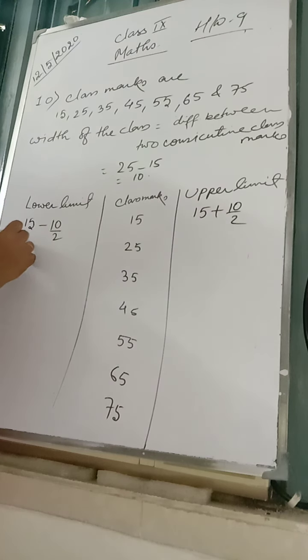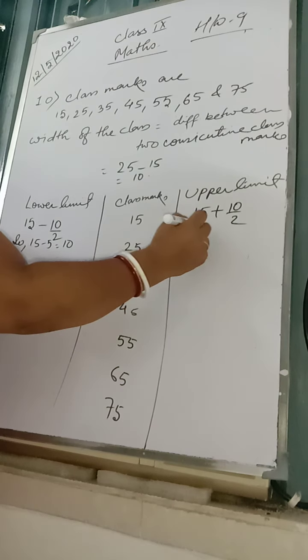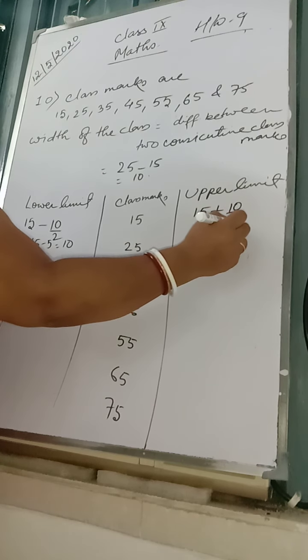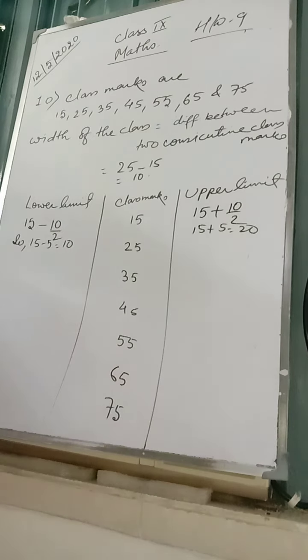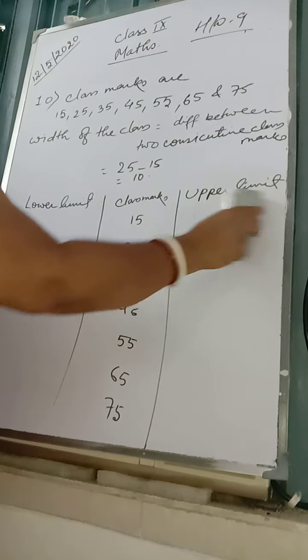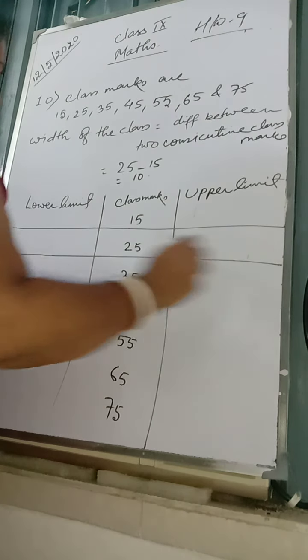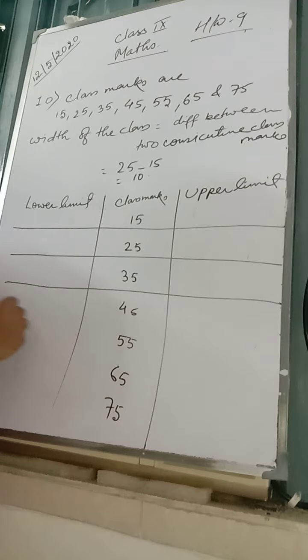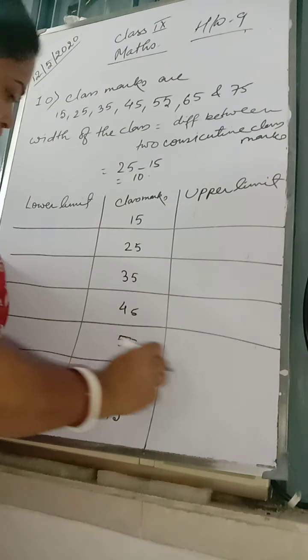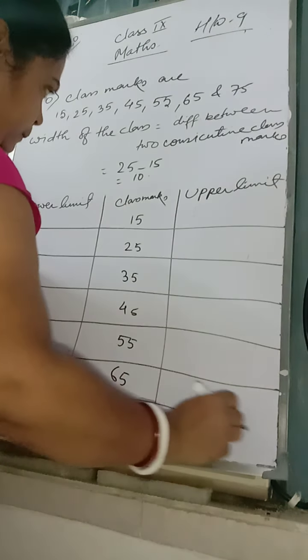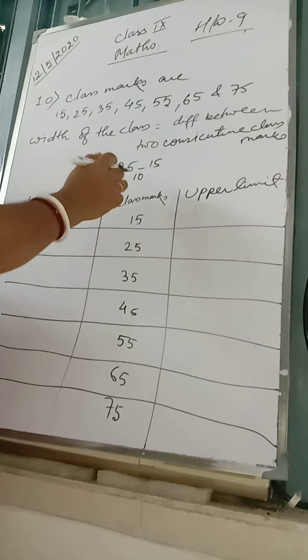So this gives you 15 minus 5, 10, and this gives you 15 plus 5, 20. So 15 lies between 10 and 20. In this way we get it. First let me draw the lines, otherwise you will get confused.